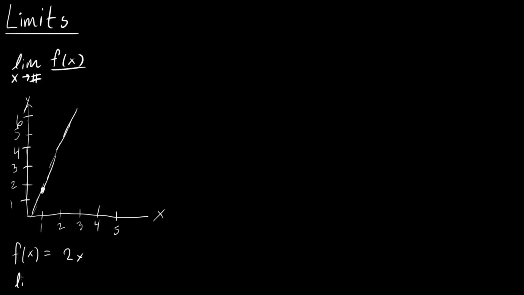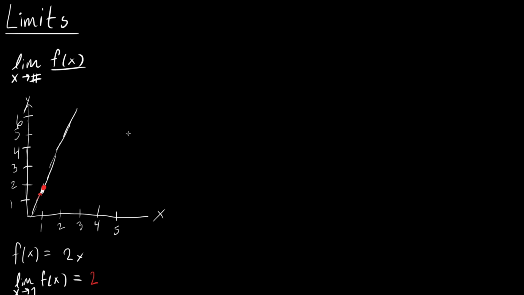Well, the limit as x goes to 1 of f of x, we just have to ask ourselves, as the input goes to 1, what does the output tend towards? If we see here, as x goes towards 1, we look at the output, which is the y-axis, and it tends towards 2. So we know that the limit here is 2.